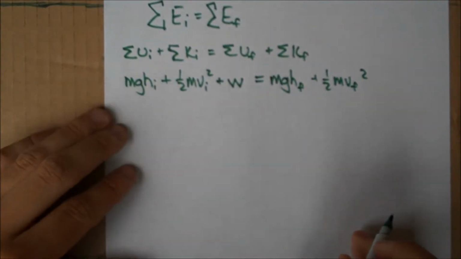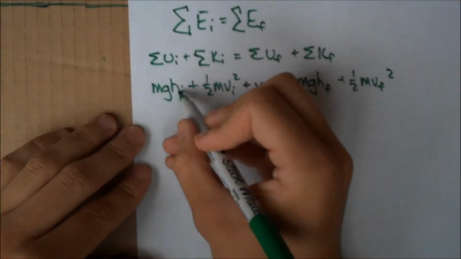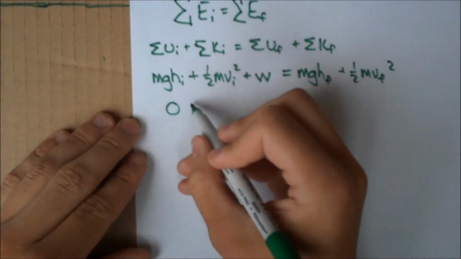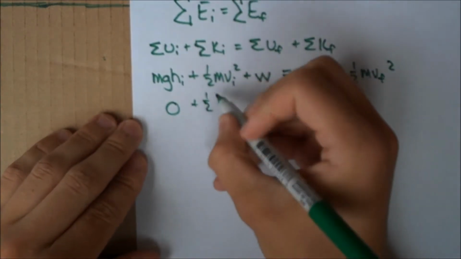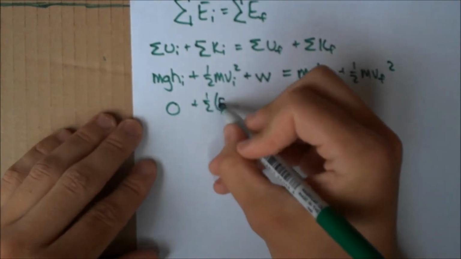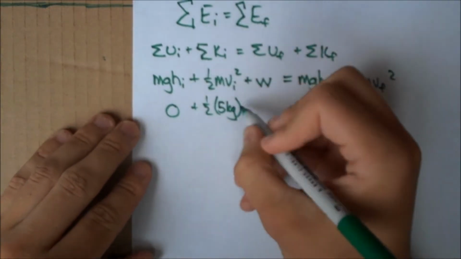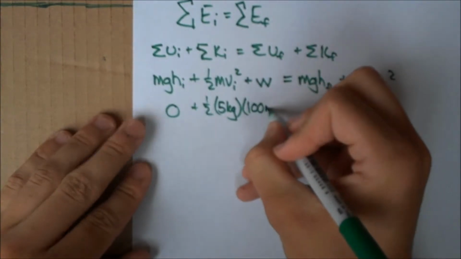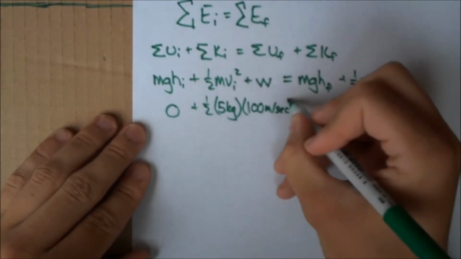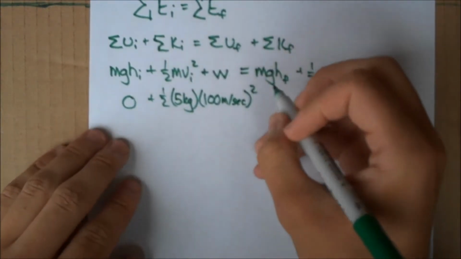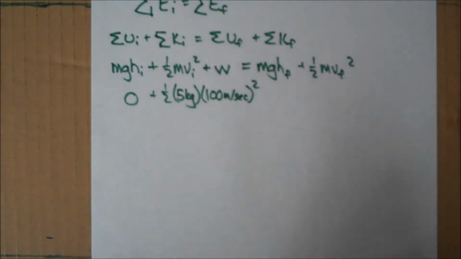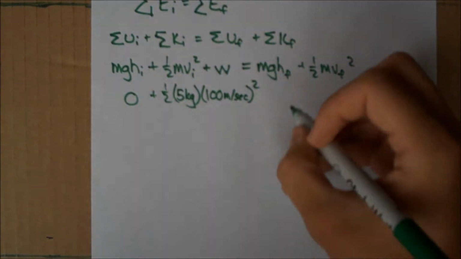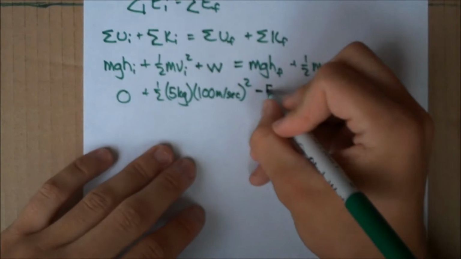From there we can plug in values. Our initial height is 0, so that term becomes 0. Then we have 1/2 times the mass, 5 kilograms, times our initial velocity, 100 meters per second, squared. Then we have our work, 5,000 joules, and since it's being released, we subtract 5,000 joules.